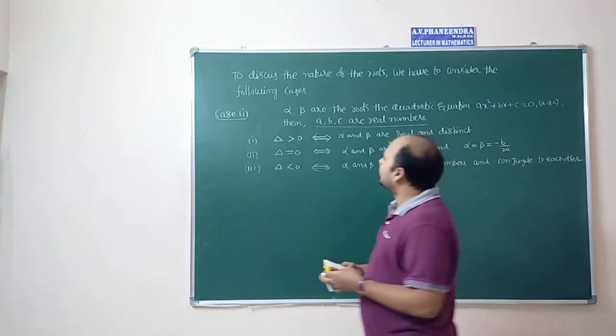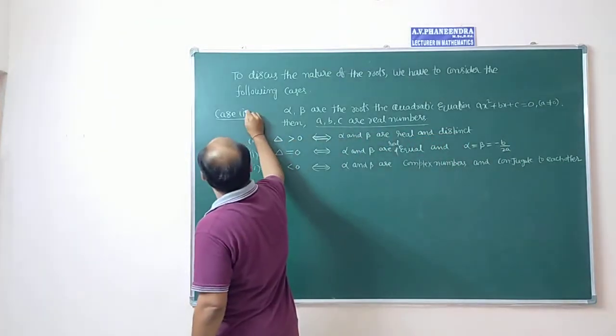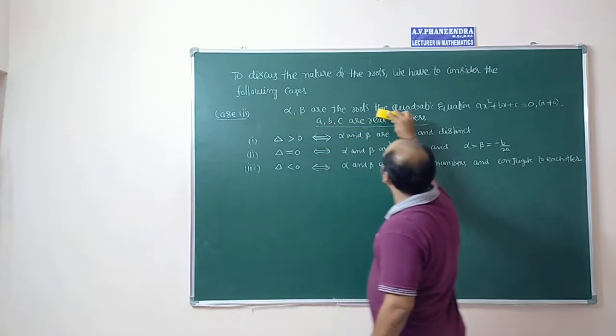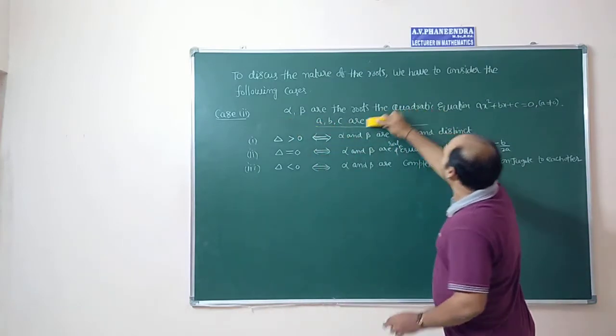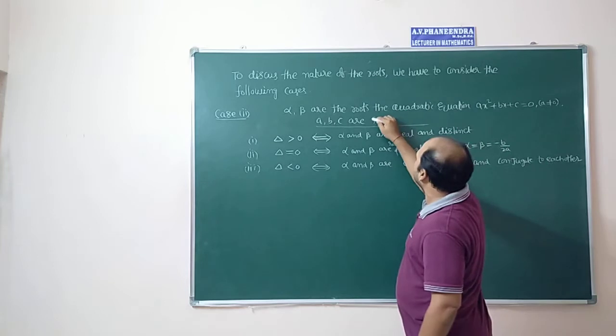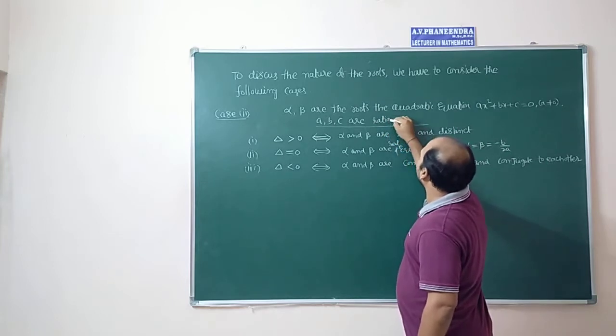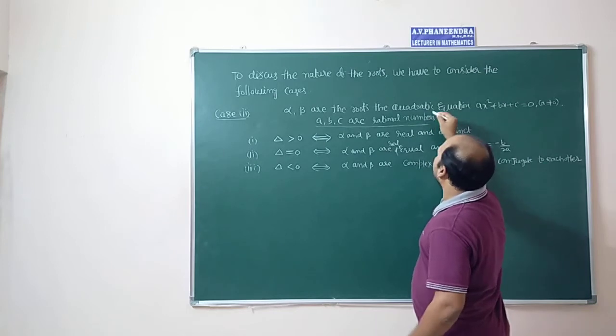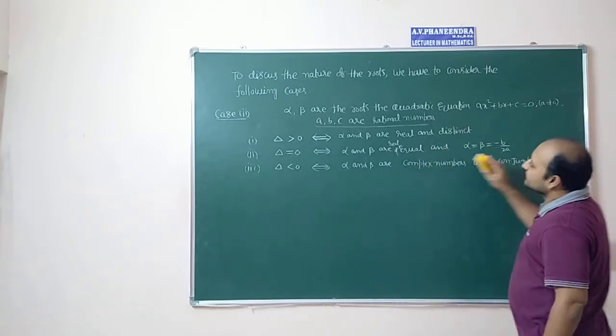In the second case, a, b, c are rational numbers. Now we will discuss one by one.